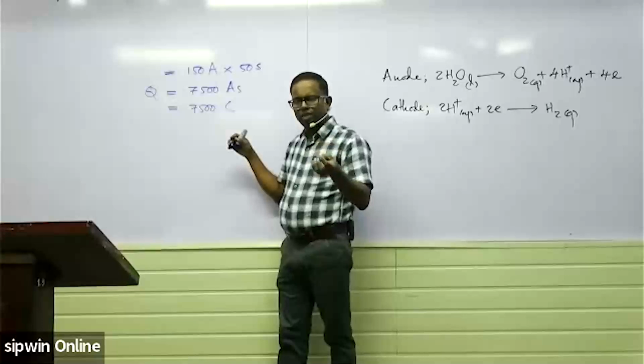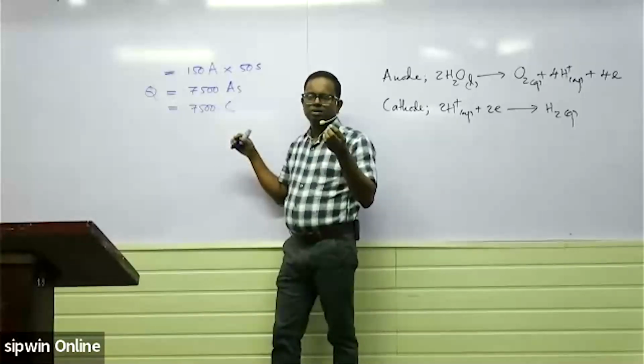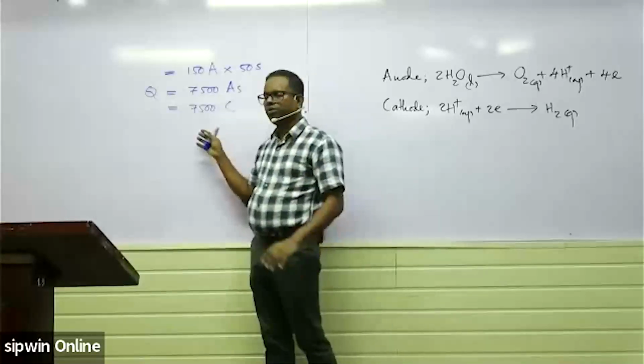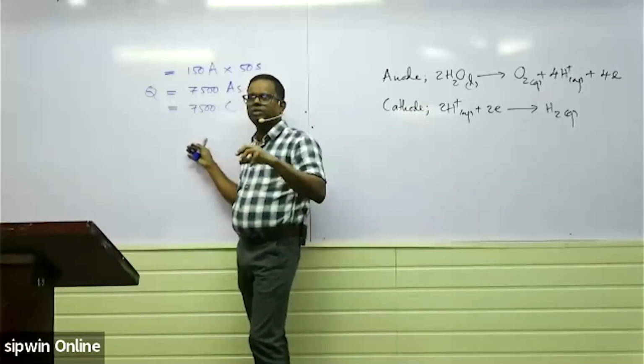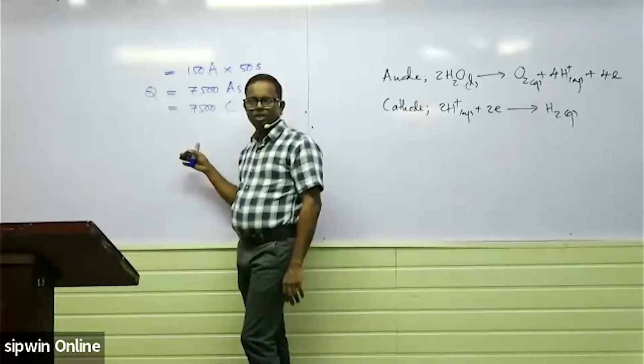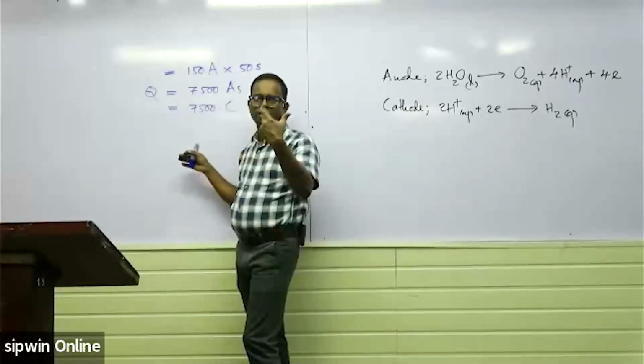Now what you do is convert this coulomb amount into electron moles.